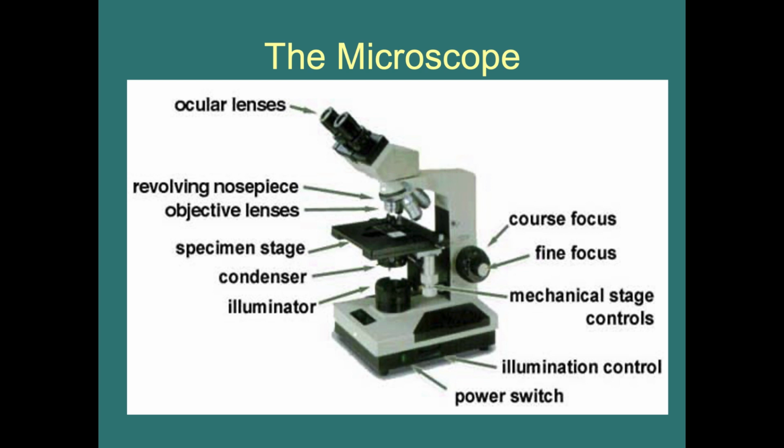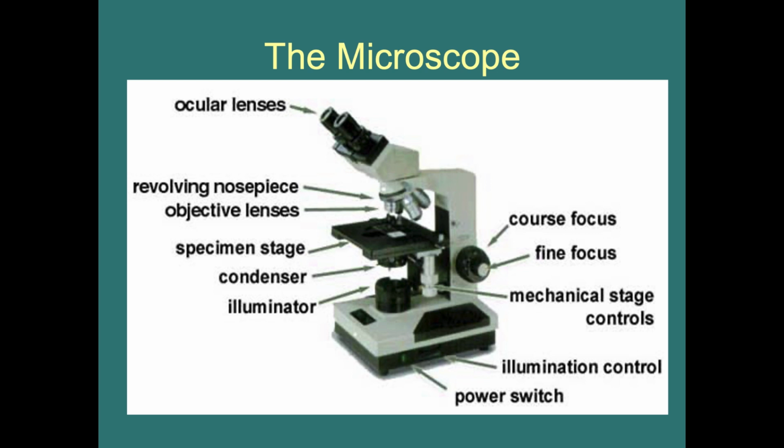Again, you have an adjustment on the condenser that will allow you to let in more or less light, and that's going to maybe help you view those slides a little bit differently. Sometimes you might not have a really good view of it. If your light is really bright in there, turn it down a little bit. You might get a little bit more contrast.